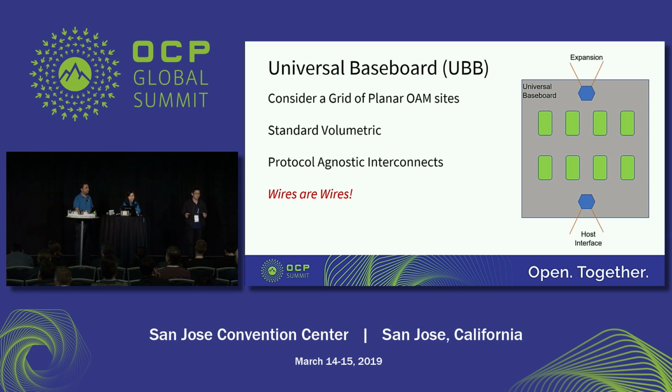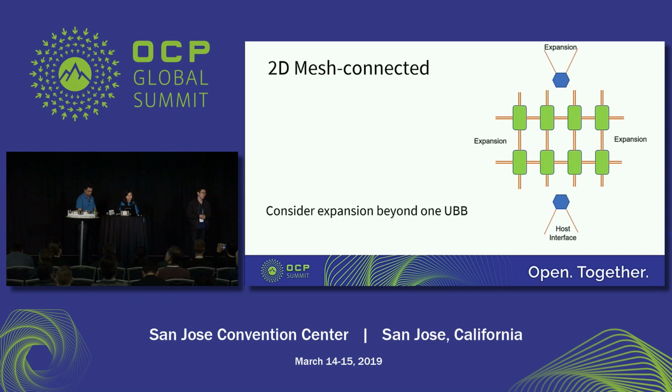And also, the connection between the accelerators should be transparent. There are wires between them, but the wires should be just wires, right? So it should be agnostic to the protocol running on it. For example, you can have CCIX, or you can have NVLink, or you can have any other high-speed interconnection. It's proprietary, but it doesn't matter. It's just logical, right?